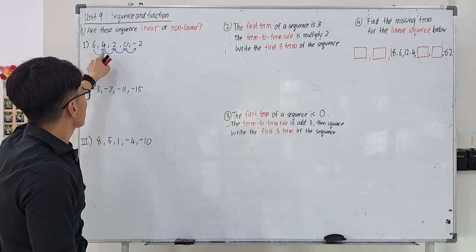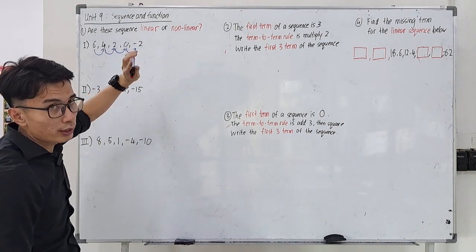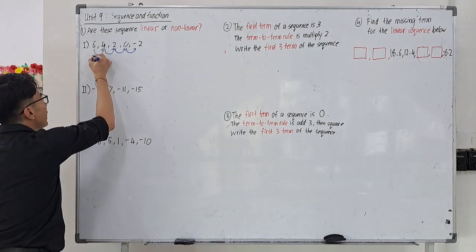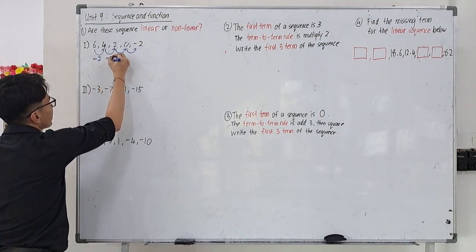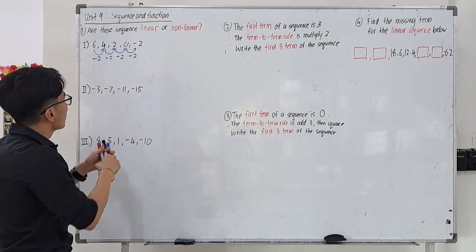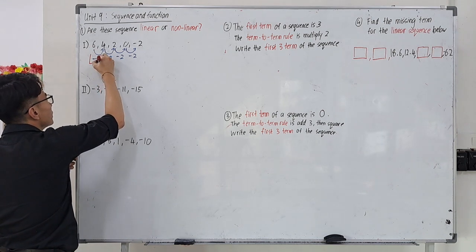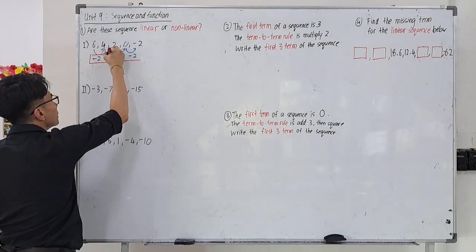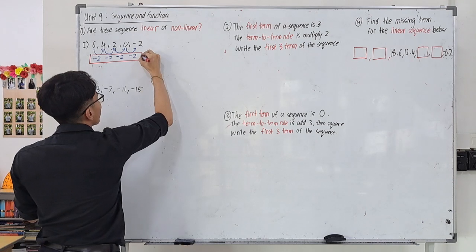So in this, 6 to 4, 4 to 2, 2 to 0, and so on, you can see that they are always subtracting 2, right?